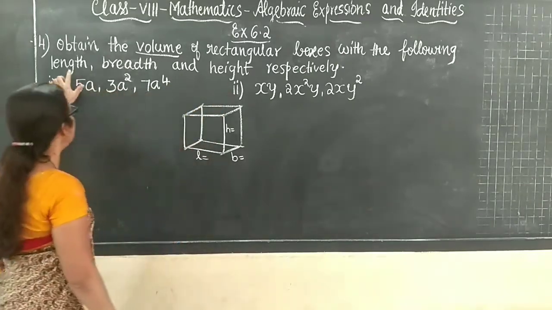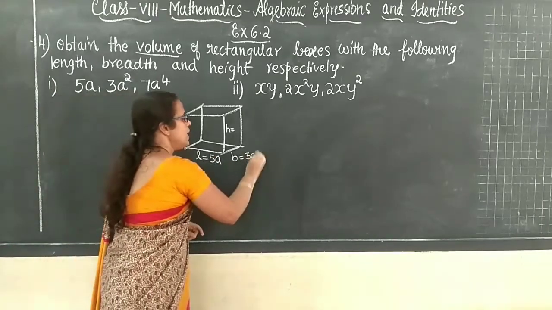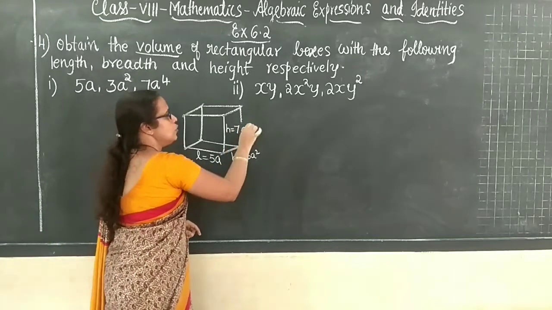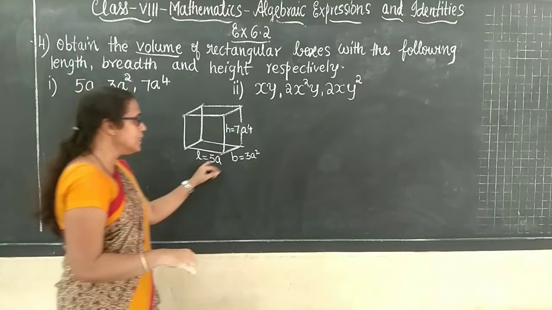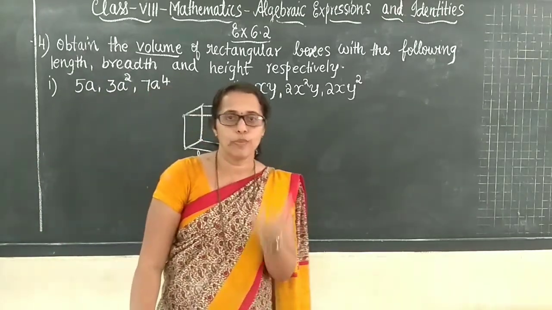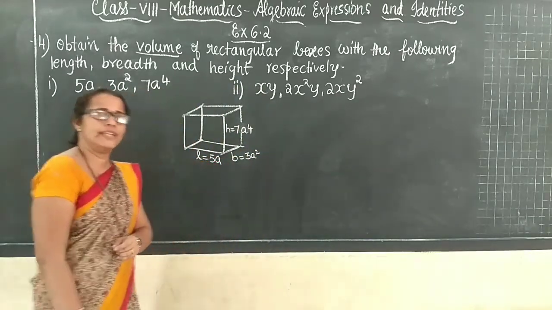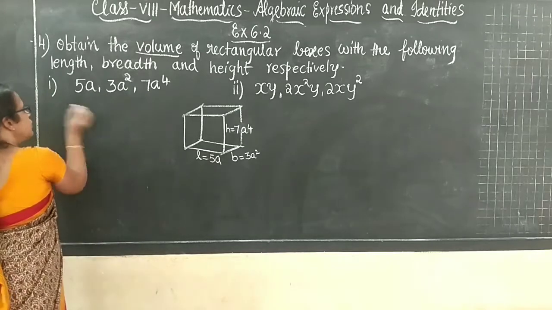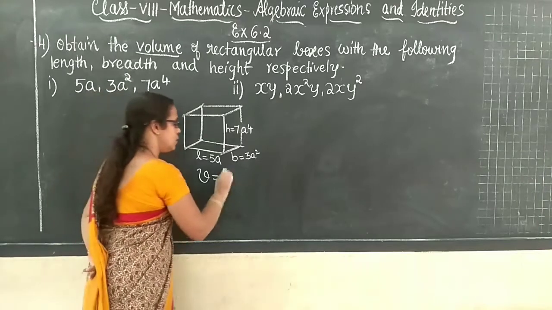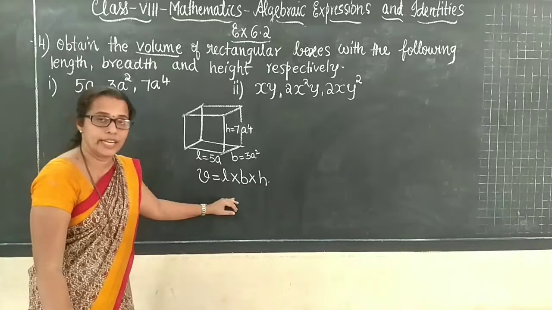When length, breadth and height are given, we can find the volume of the box very easily. Which is the formula to find the volume? Volume is equal to length into breadth into height.